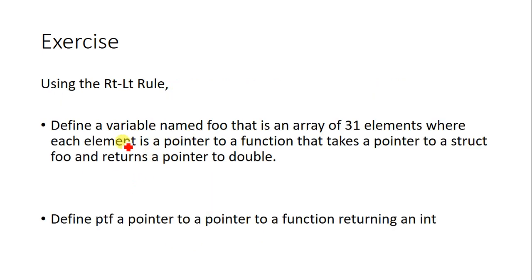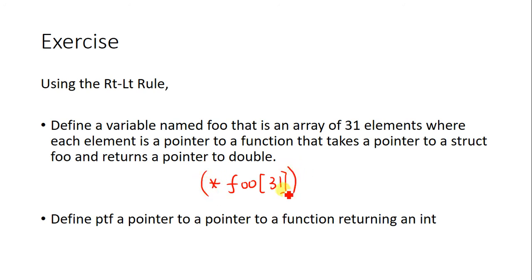So use the right-left rule, define a variable named foo that is an array of 31 elements, where each element is a pointer. Again, if it is a pointer to int, then you write int in the front, that's it, but it is again a complicated pointer.